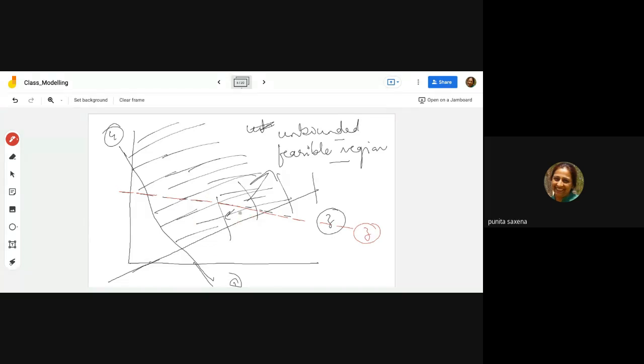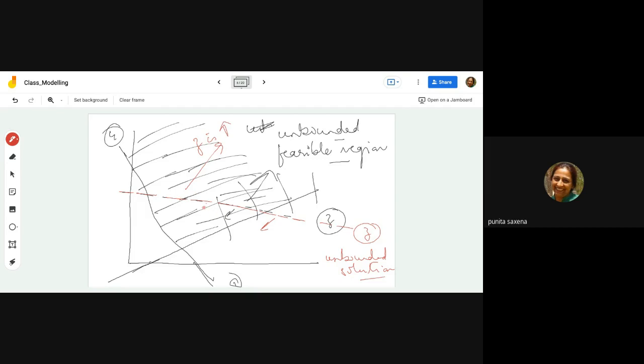So what is happening? As you move this z in this direction, the value of z is increasing. And since the feasible region is unbounded, the value of z will keep on increasing. You will not get a point anywhere where you'll get a maximum z, right? Such a case is called an unbounded solution. But if it's a minimization problem, moving in this direction will reduce the value of z.